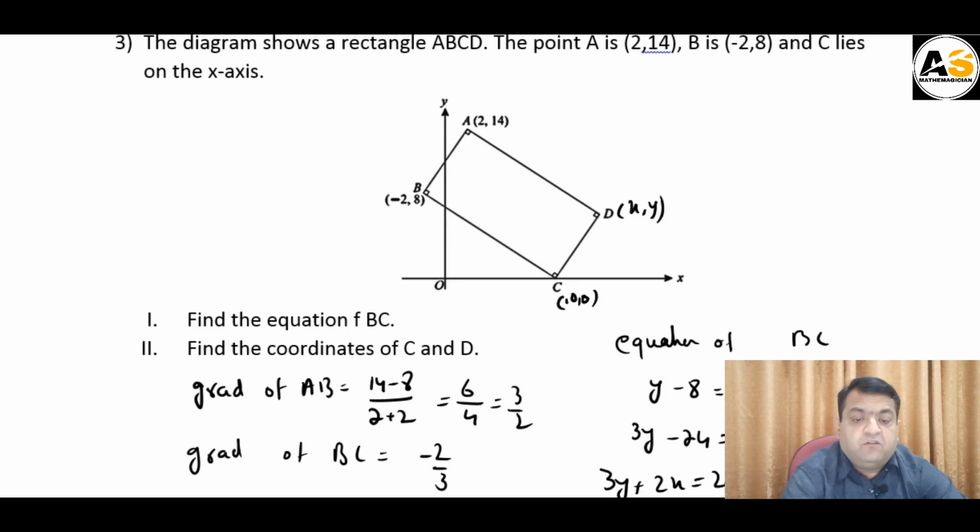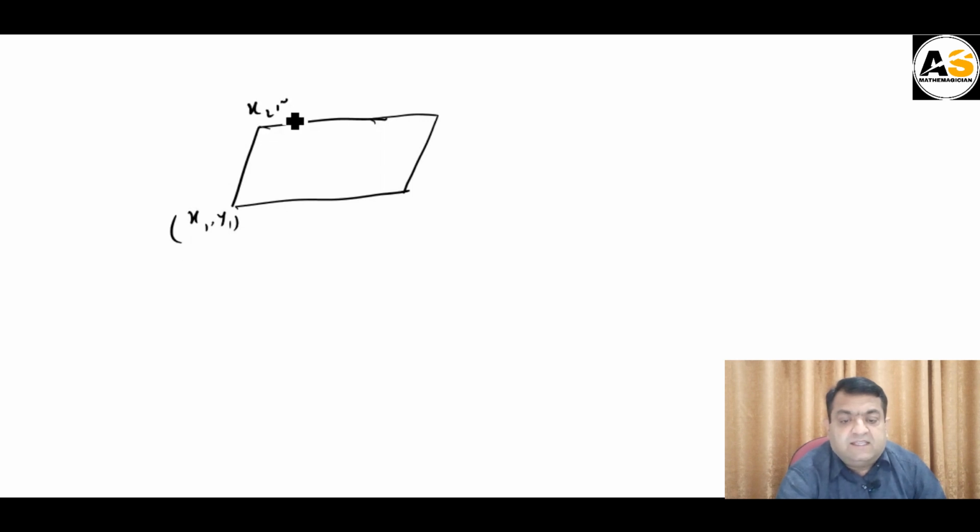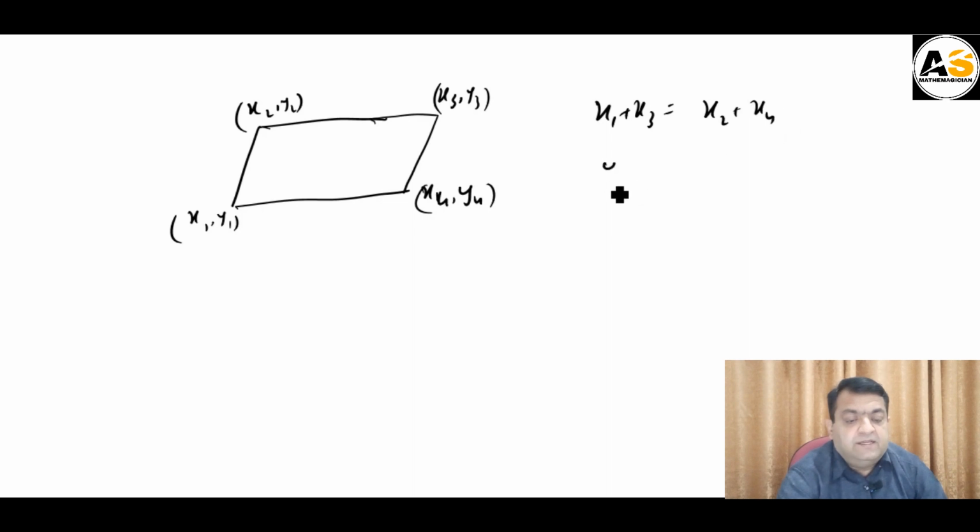We know a property of a parallelogram that if x1, y1, x2, y2, x3, y3, and x4, y4 are consecutive vertices of any parallelogram, then x1 plus x3 is equal to x2 plus x4, and y1 plus y3 is equal to y2 plus y4.